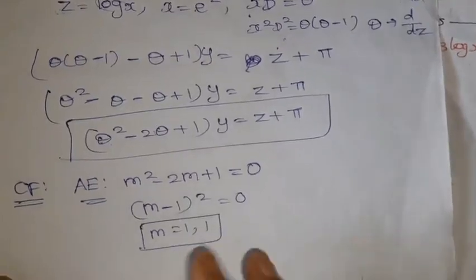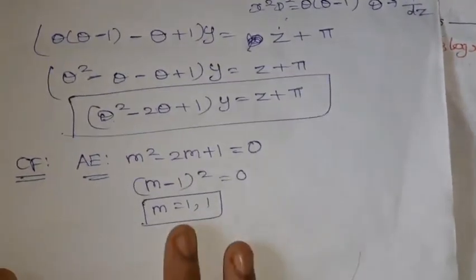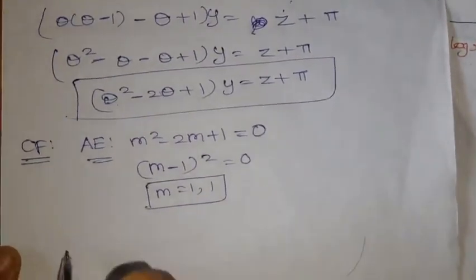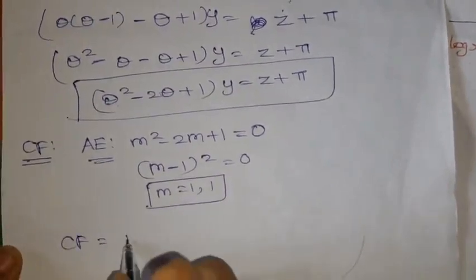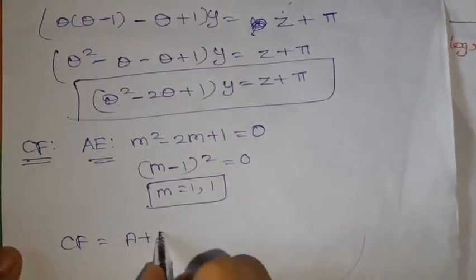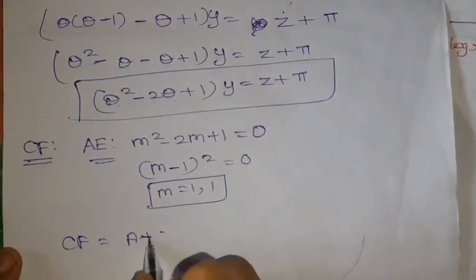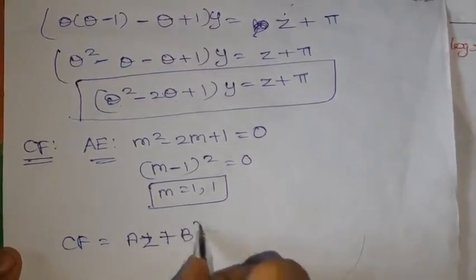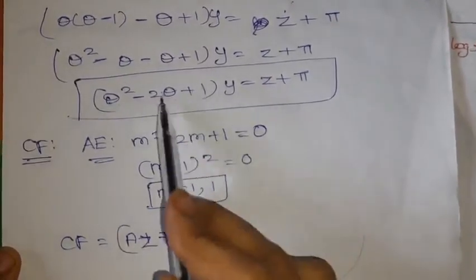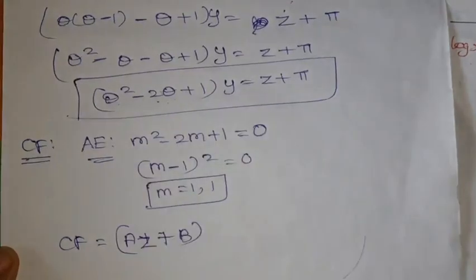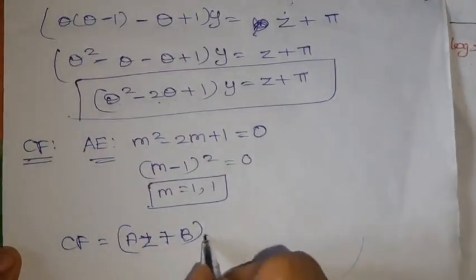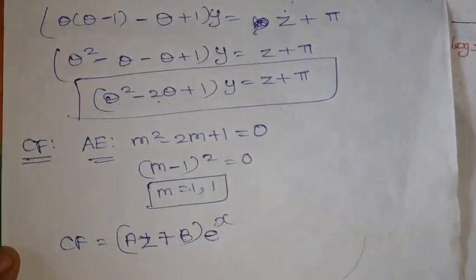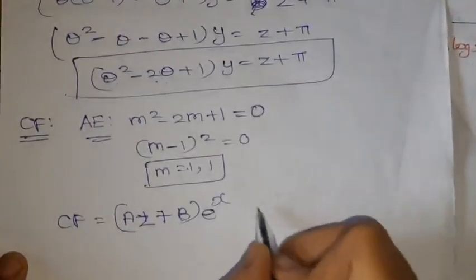We have two roots. Two roots are real and equal. So for real and equal roots, what is the complementary function? A plus b z or a z plus b, whatever it is. So e power alpha z, here alpha is m equal to 1 only. E power m1 z.